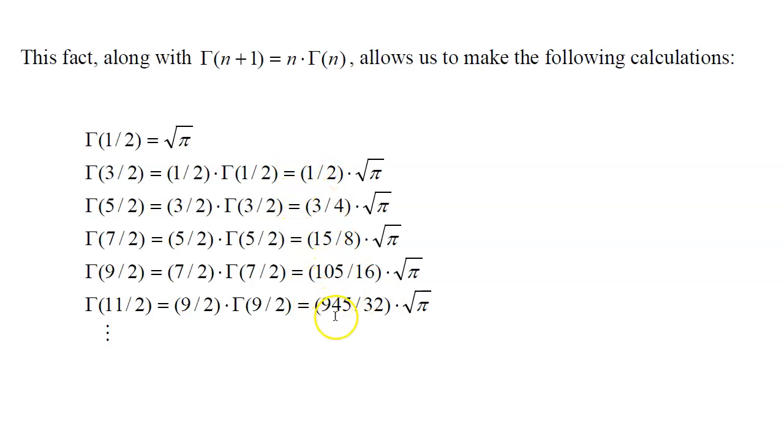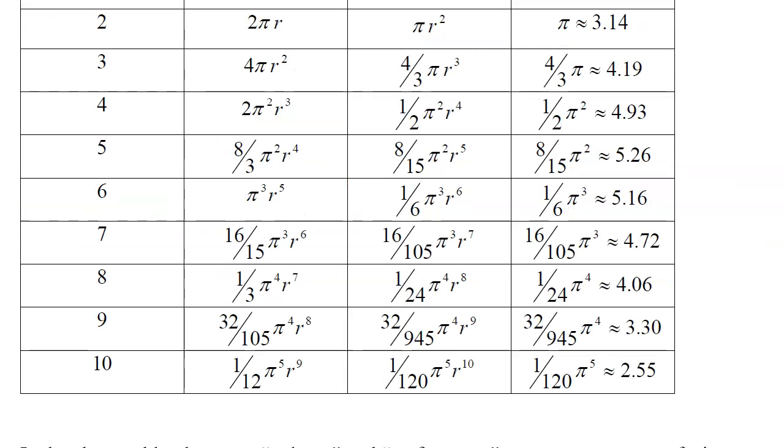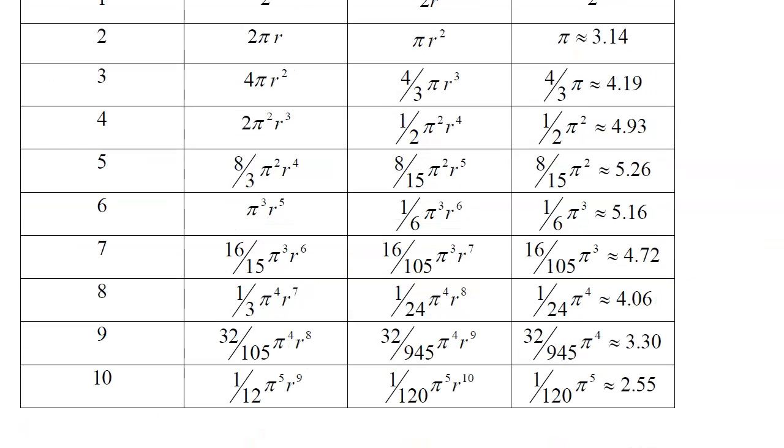By the way, these coefficients here may look familiar to you. So you see a 15/8, a 105 over 16, 945 over 32. If you go back to our original table, you might start seeing some of these numbers, right? So 16 over 105, 32 over 945, they're the reciprocals of those numbers that we just looked at.